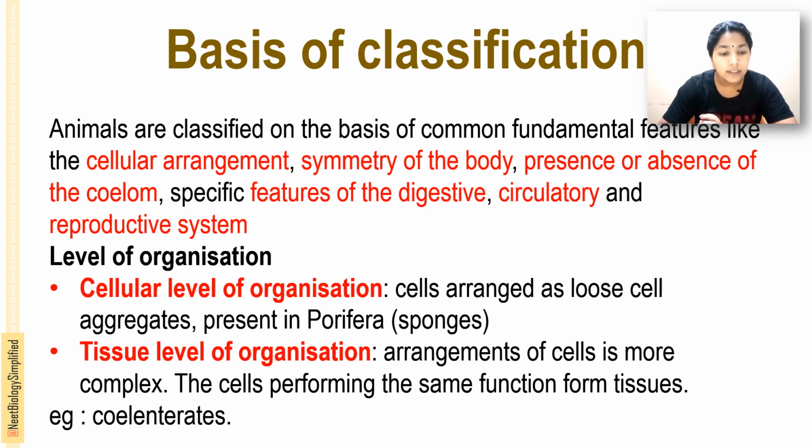Okay, the tissue level of organization is the next one. Here the cells are arranged in more complex forms. Initially, in the cellular level, only the cells were there, arranged as aggregates of cells. In the tissue level, these cells are arranged in more complex forms, performing the same function.